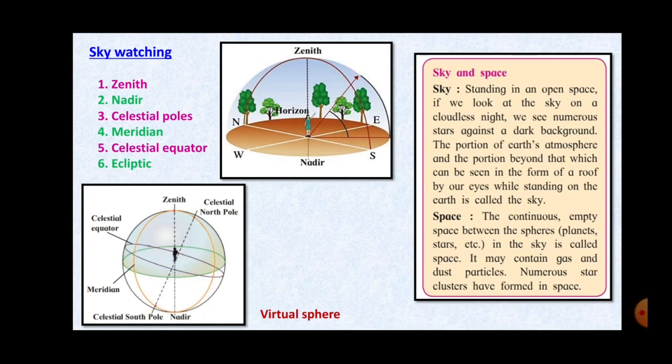We feel that the sky is the roof of the earth, right? So the roof is called the sky. What is space? Space is the empty place between the planets and stars in the sky. It contains gas and dust particles, and the numerous stars also form clusters in the space.